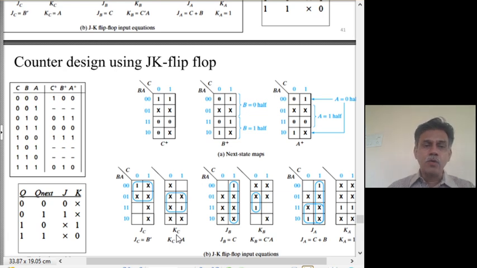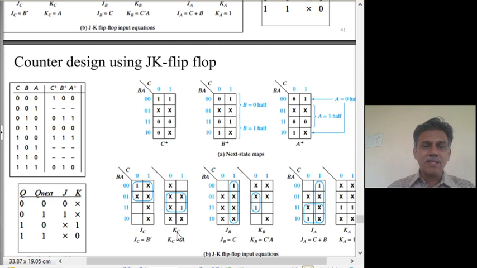So what we can do is, we can split the K map of C plus into two halves. One is the C equal to 0 half, another is the C equal to 1 half. The first column corresponds to the C equal to 0 half, the second column corresponds to the C equal to 1 half. So what this tells is that the C equal to 0 half of the KC map will have only don't cares. That is what we are finding here.